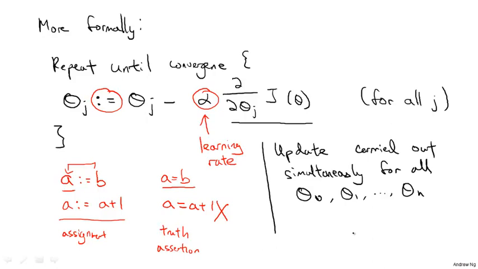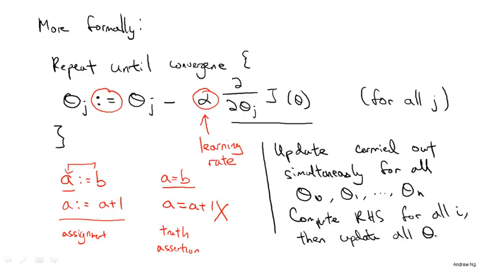What I mean by that is I'm going to compute the right-hand side, abbreviated RHS, for all values of i, and then having done that, I'm going to update all the theta i simultaneously. So this is the gradient descent algorithm.